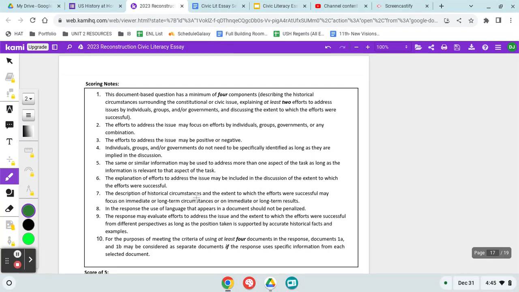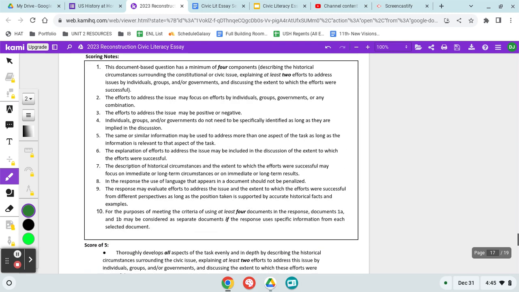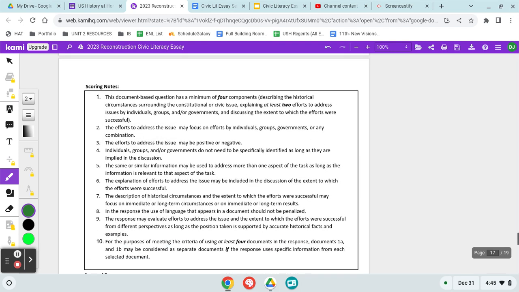So let's look at these scoring notes before we get into what's a 5, a 4, a 3, or a 2. You're going to be graded on 4 components. The first component is the historical circumstances, that first bullet point. And then you're going to be scored on explanations of the 2 efforts. So again, the problem in years past that many people have had is they've just gone and explained one effort.